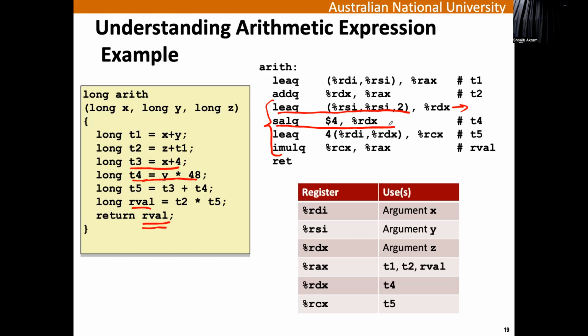And then the next instruction is a lea instruction that adds 4 and stores T5 in RCX. And then you do the multiplication and you get the final value. So when you disassemble programs, binaries, object codes, you have to keep in mind that the compiler might have played its own game, or its own optimizations. You don't always get a one-to-one correspondence between C and assembly.